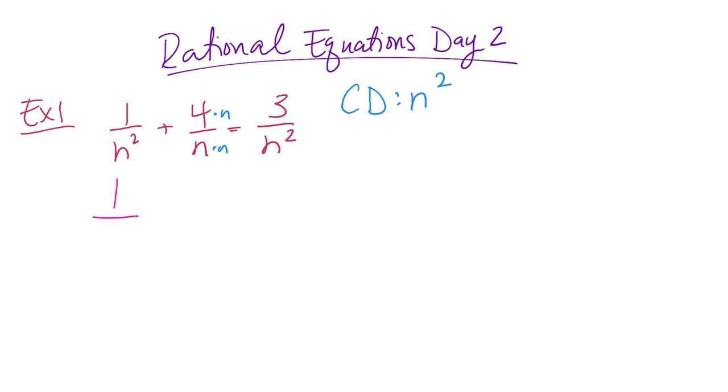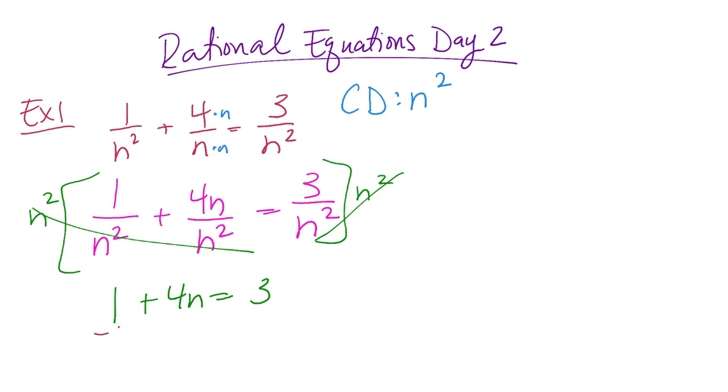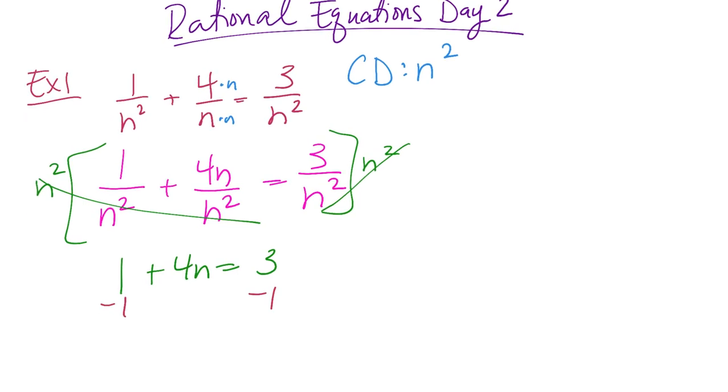So our fraction is now 1 over n squared plus 4n over n squared equals 3 over n squared. So now we want to multiply everything by n squared on both sides to cancel out all of our fractions. So we have 1 plus 4n equals 3, minus 1 on both sides.